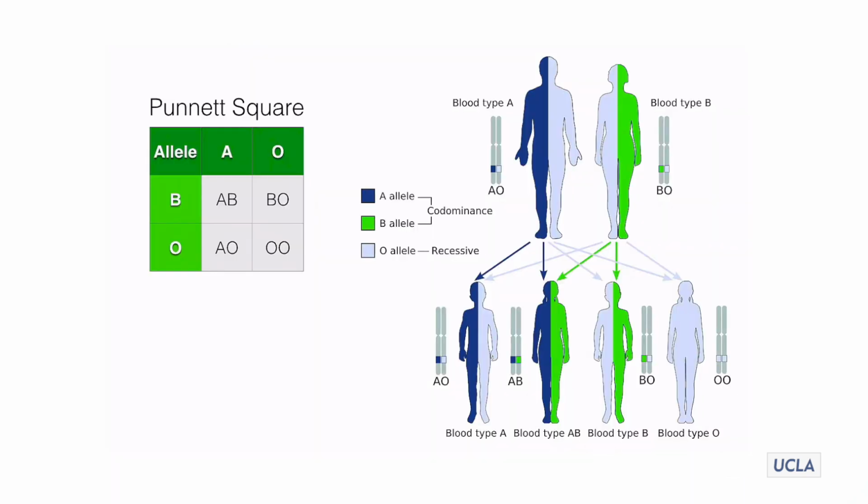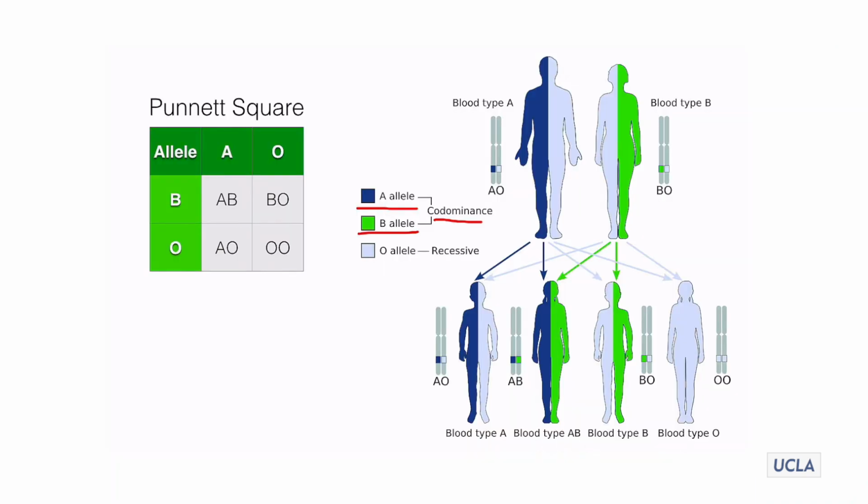You have an A allele, a B allele, and both of these are dominant alleles. In fact, they can be co-dominant, which means that if you have both, they can both be dominant. So you have AB blood. You have a recessive O allele, which means that you actually need two copies of the O allele in order to have O blood. But if you only have one copy, you're going to have either A or B blood.